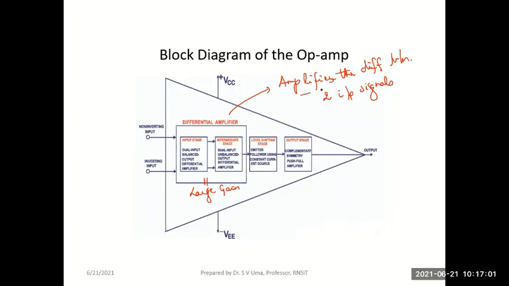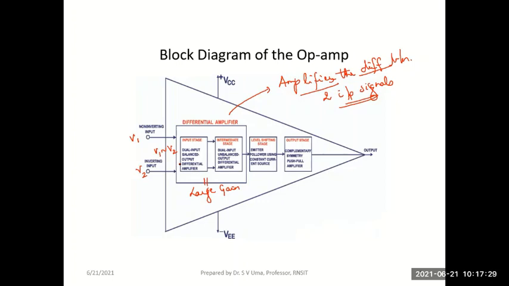So an amplifier which amplifies the difference between two input signals is known as a differential amplifier. So remember, we have two input connections here. We are going to apply one voltage here and another voltage here, and the difference between the two will be amplified by this differential amplifier stage, and it is going to provide all the gain of the op-amp.